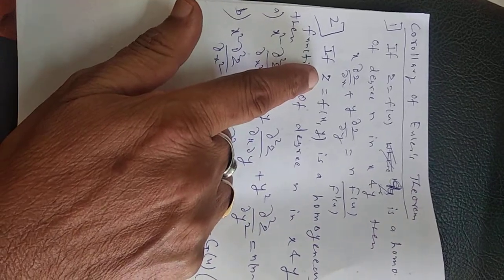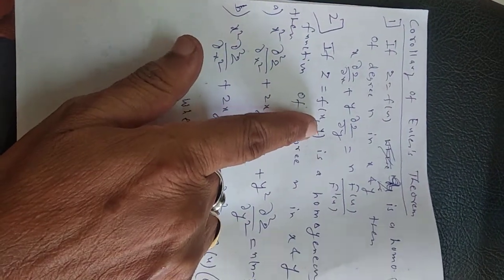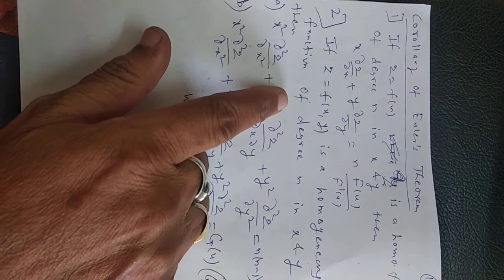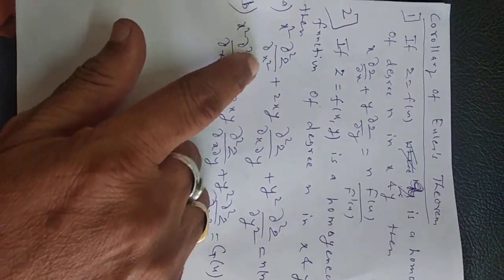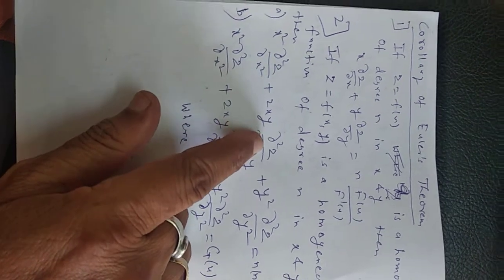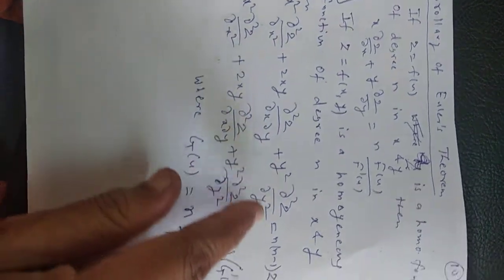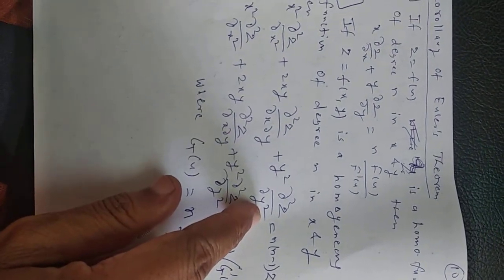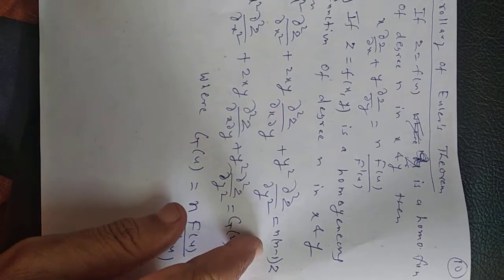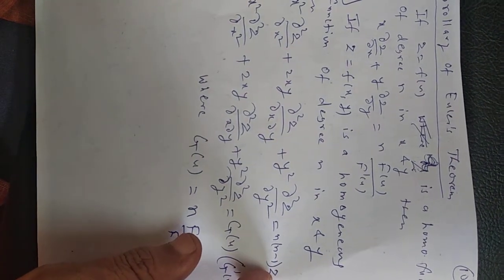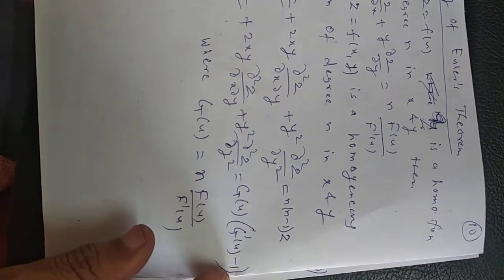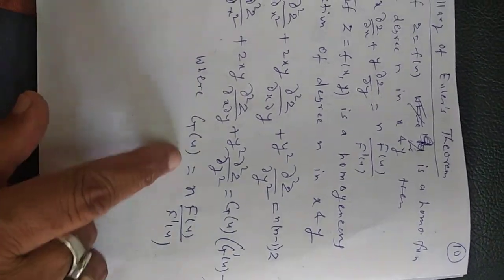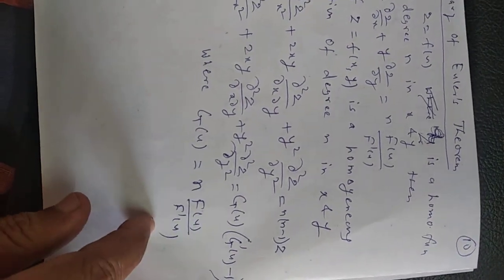Second corollary: if z = f(x,y) is a homogeneous function of degree n in x and y, then x² ∂²z/∂x² + 2xy ∂²z/∂x∂y + y² ∂²z/∂y² = g(u)[g'(u) − 1], where g(u) is n f(u)/f'(u).